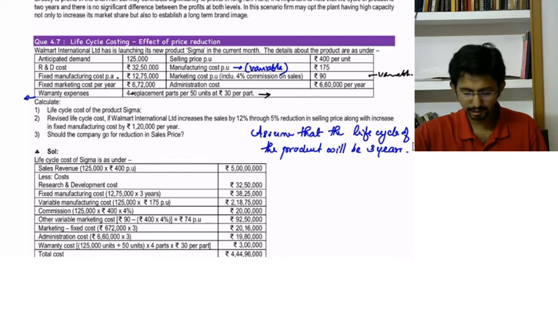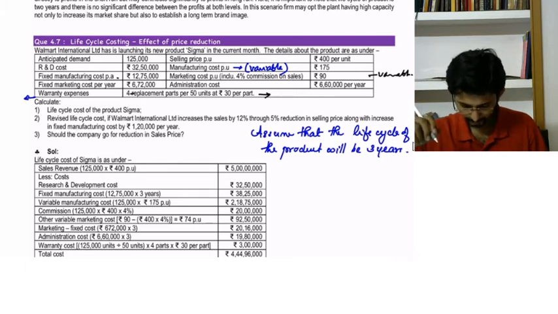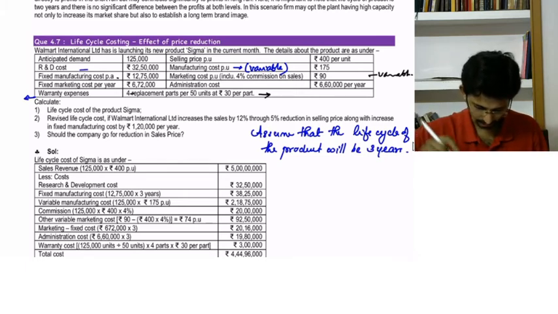Okay, please write this in the question here. Before this, calculate. Assume that the life cycle of the product will be 3 years. Okay, then only you can complete these calculations.